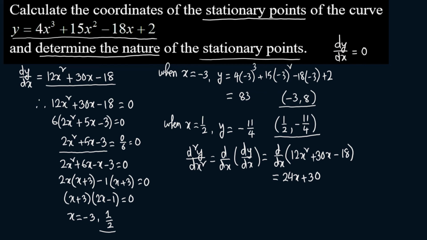In this expression we need to put our values of x, first minus 3 and then half. So when x equals minus 3, our double differentiation value d squared y by dx squared gives us 24 into minus 3 plus 30. We just need to check whether it is negative or positive.